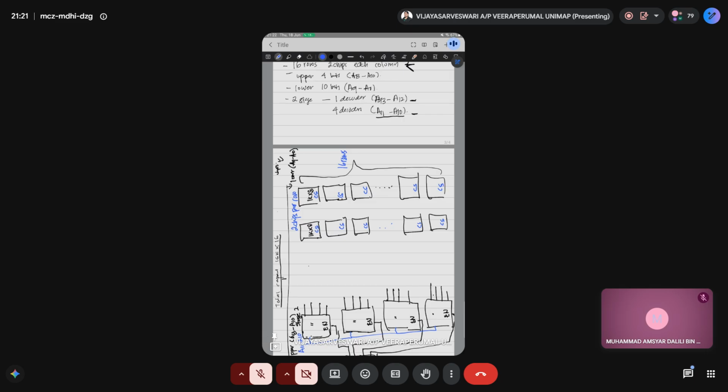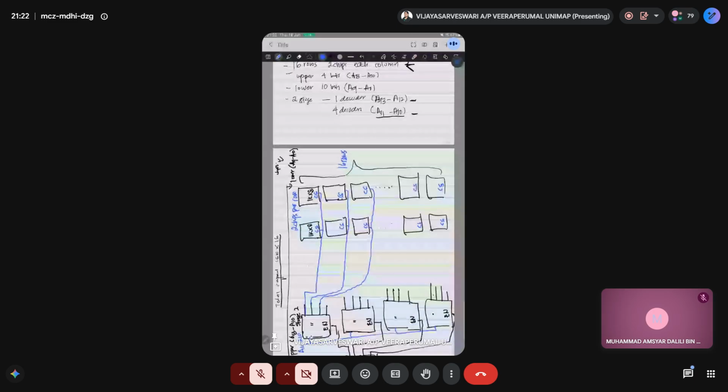So di mana kita akan ambil adalah from this input. Okay, so we take this one. Each row dia akan dapat satu. Now, so this one macam ni. So this one also you will have lah.